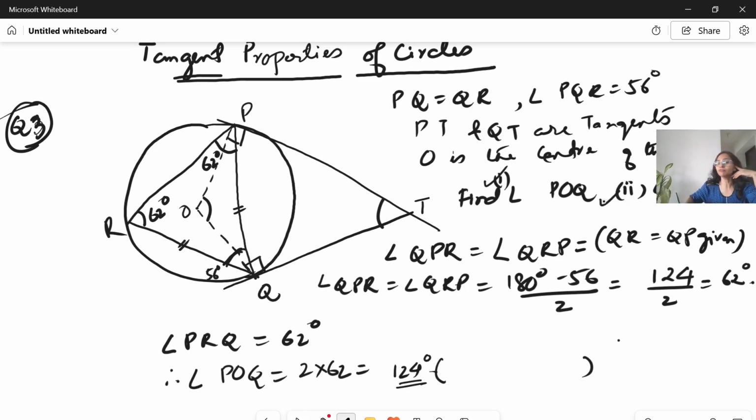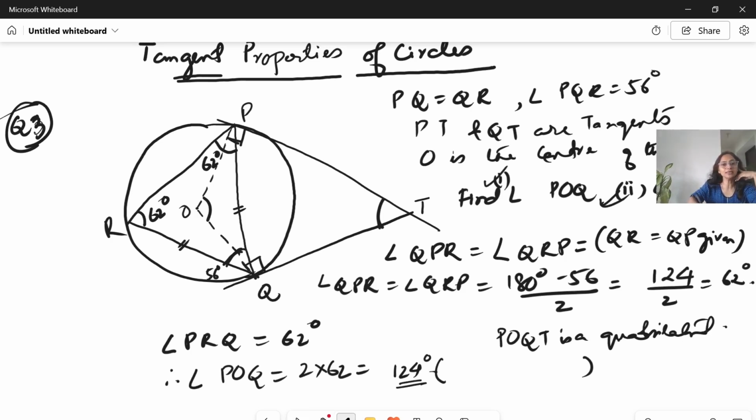But we also have to get PTQ. How to get PTQ? Look at this angle PTQ. Now, POQT is a quadrilateral, right? In a quadrilateral, the sum of the four angles is 360 degrees.